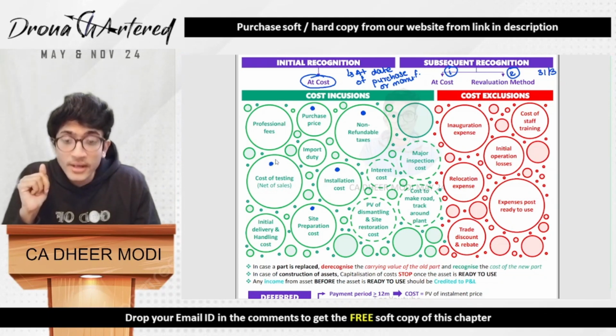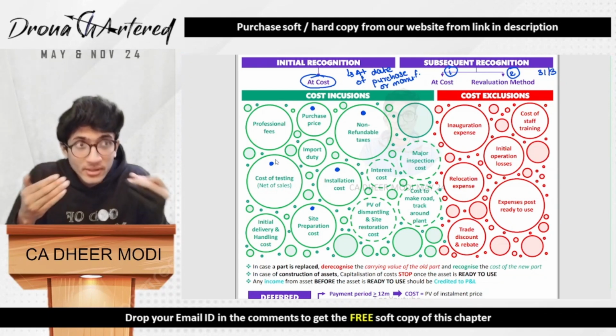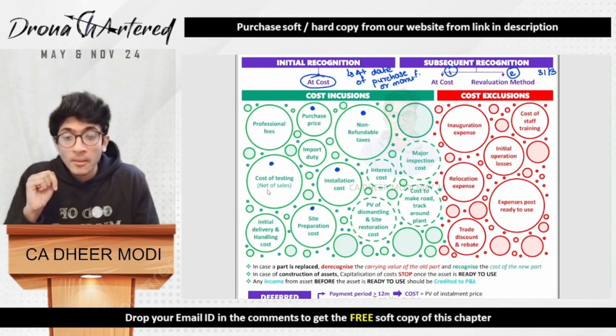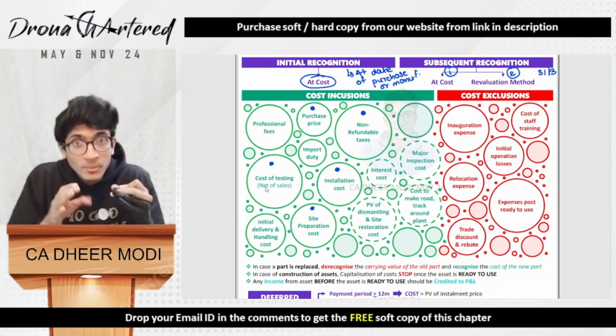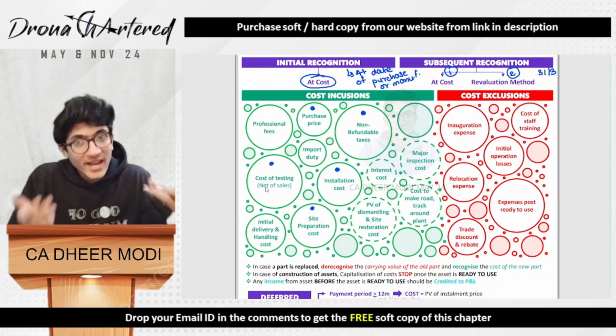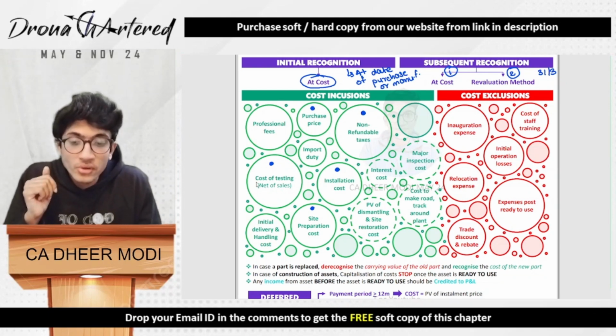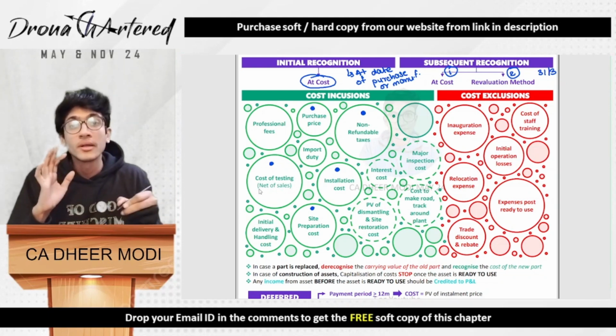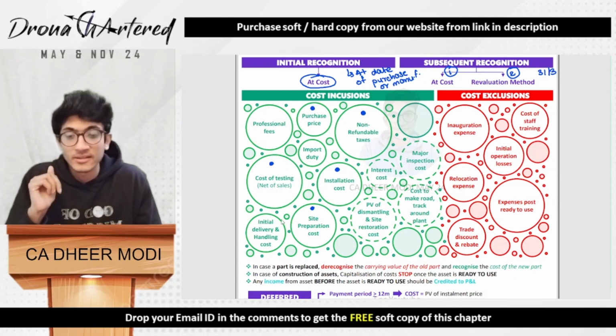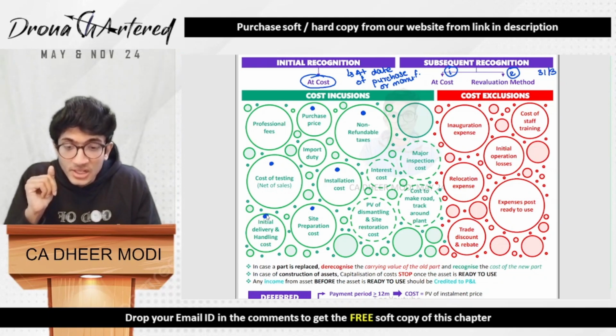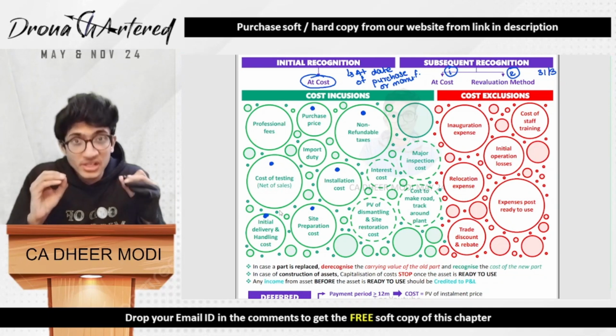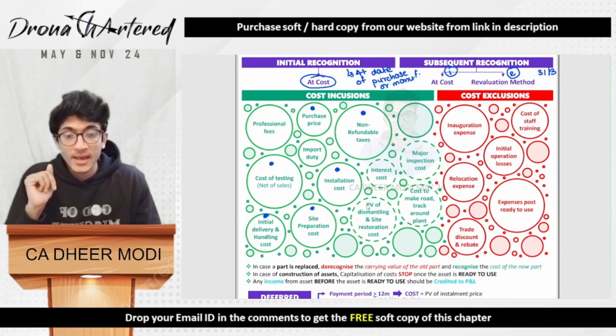Any cost of testing, that means you are testing whether this is okay or not. But whatever products you make and sell during testing, that will have to be reduced. So your cost of testing is net of sales. Any initial delivery and handling cost will also be added.